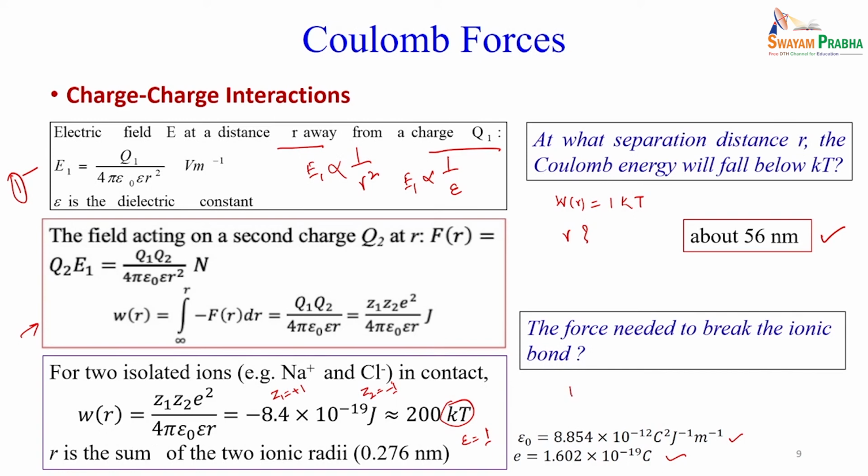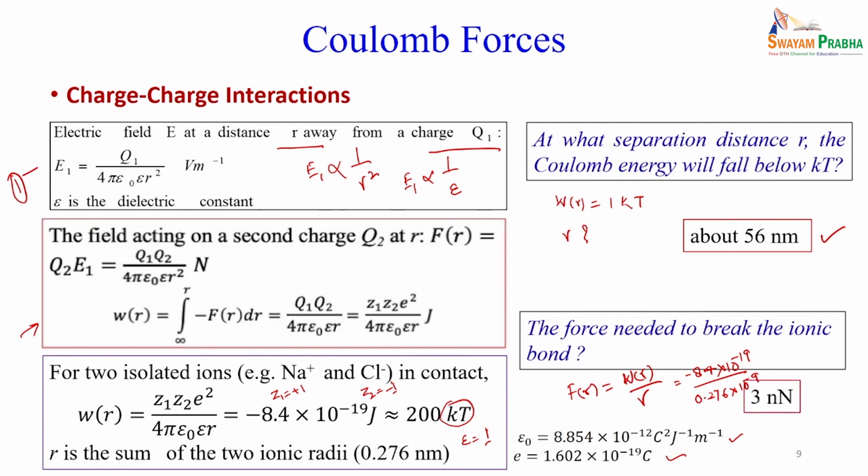So, if you want to calculate F of R, you can simply calculate W(R) upon R. So, W(R) is minus 8.4 into 10 to the power minus 19, and R is 0.276 into 10 to the power minus 9.